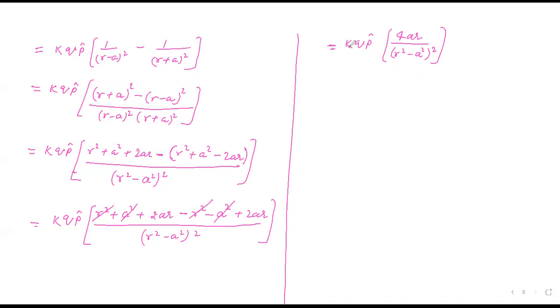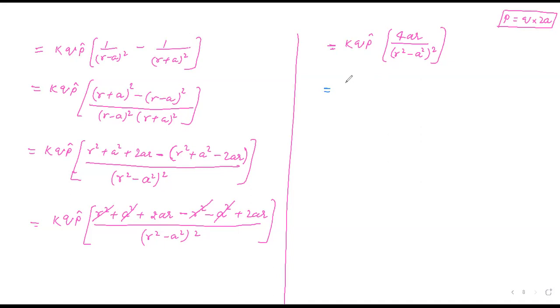Now, I hope you remember that the dipole moment P is equal to Q into 2A. Do you remember or not? This is the equation of electric dipole moment. Now we are going to arrange this value first.